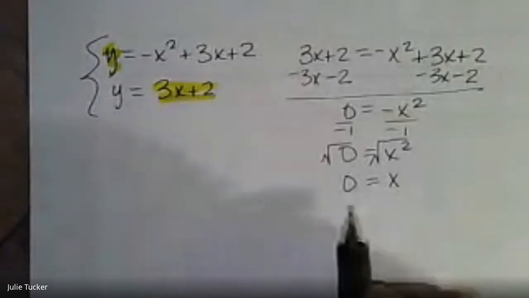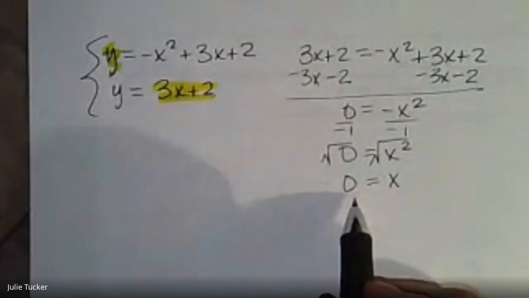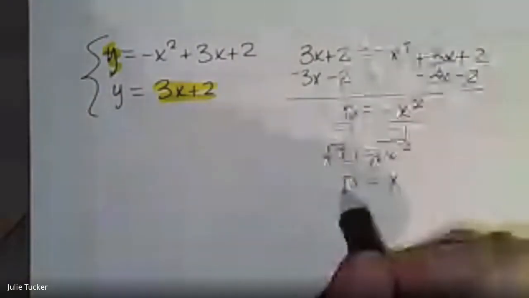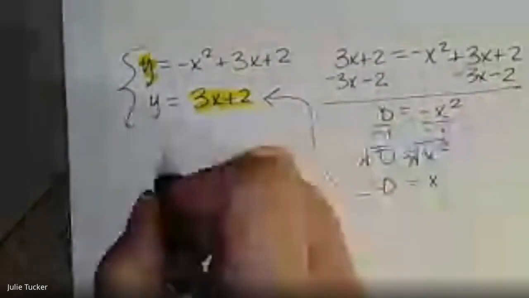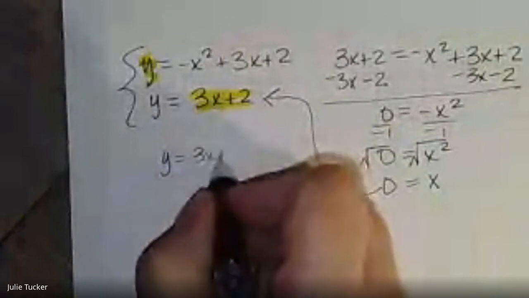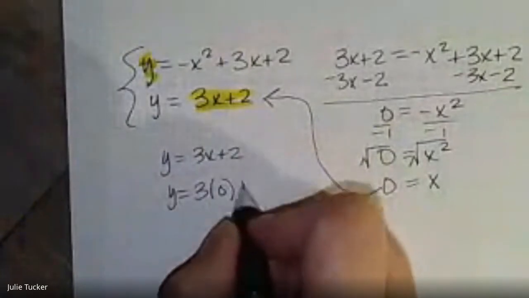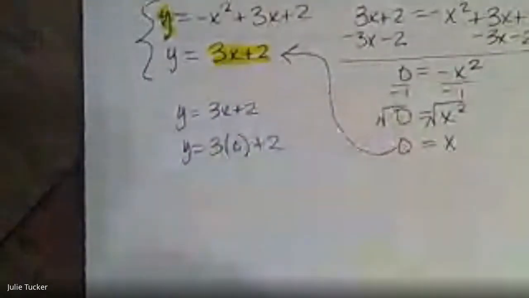So that's the x coordinate of 0. Now, do you know how you would get the y coordinate? Good. You would plug it into that. So you would go y equals 3x plus 2. y equals 3 times 0 for x plus 2.